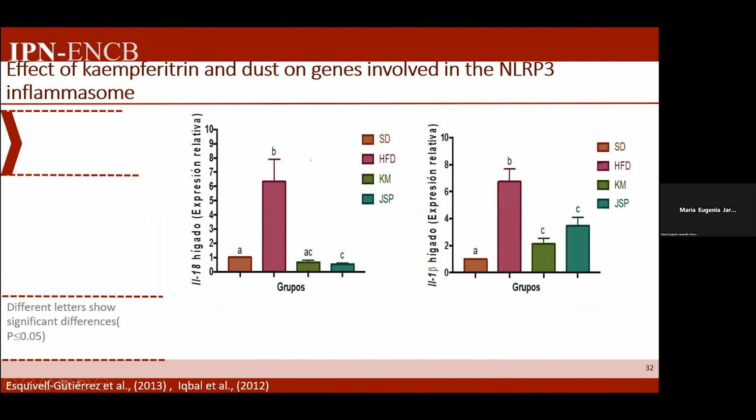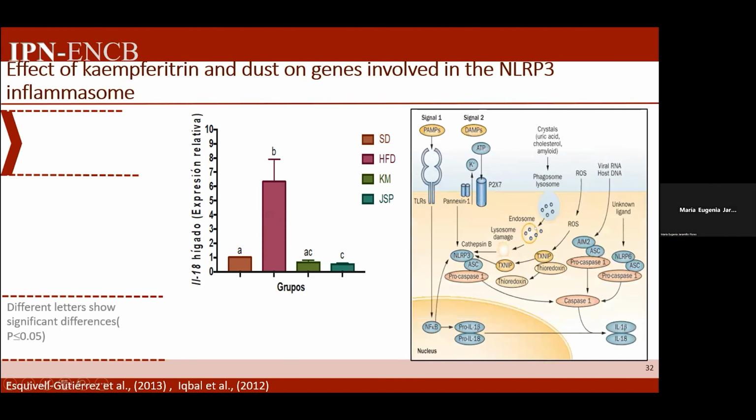Other pro-inflammatory proteins are interleukin-18 and interleukin-1 beta, and both treatments reduce their expression. In some cases it is reduced almost to the normal level, and in others a very important percentage.